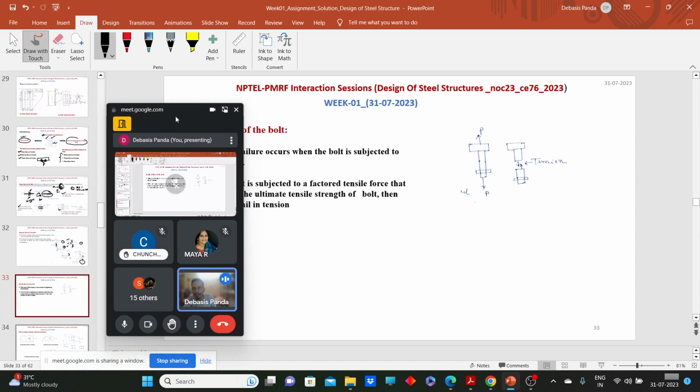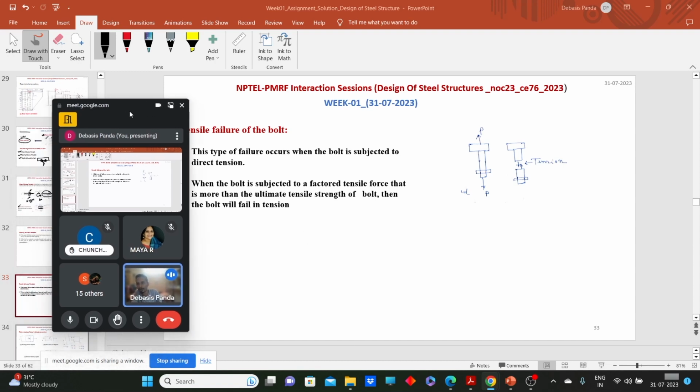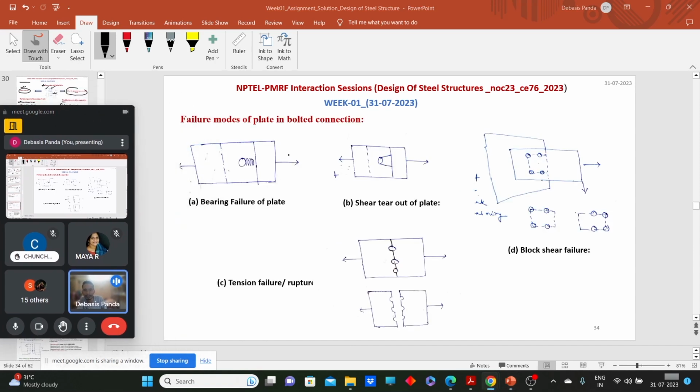Now another one is the tension failure. In tension failure, what will happen? If the tensile capacity is less than the factored tensile load which is applied on this bolt, then that bolt section will fail in tension. Now let's quickly come to the plate portion. So the plate also will fail in bearing. How?